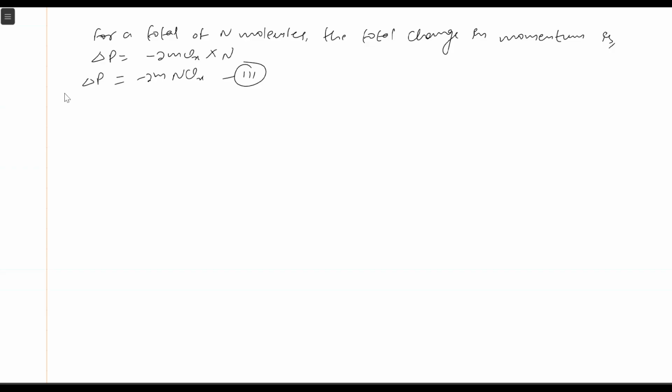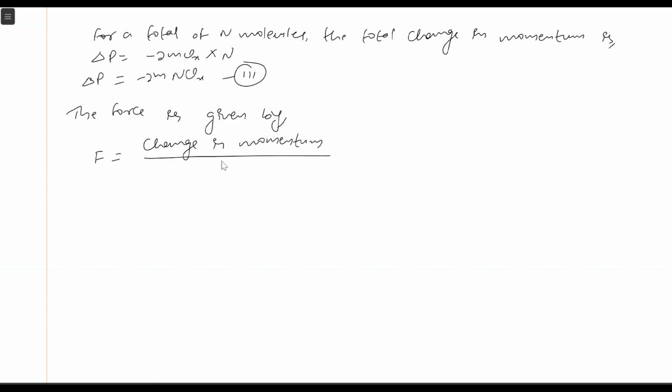Now we know that the force exerted by the n particles on the wall is given by force equal to change in momentum per unit time, equal to del p by t.